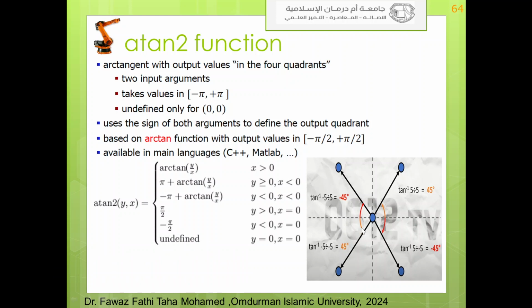In the third quadrant, we have just a positive tan, but negative cosine and negative sine. And in the last case, we have just a positive cosine.